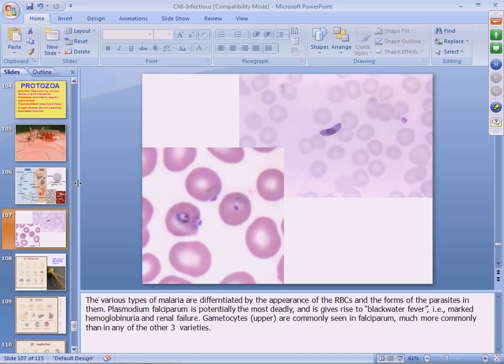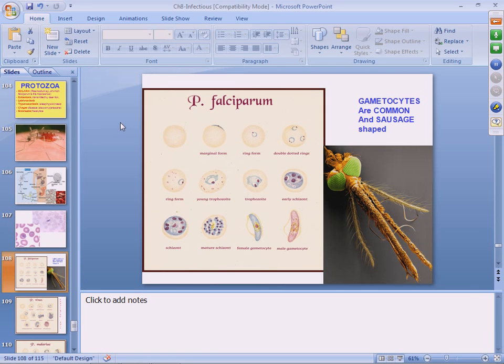So let's go through the 4 types. We might as well start with the one that's the most feared, which has its own characteristic region of distribution. I could probably draw you world maps for all of these. The thing to remember about falciparum is that the gametocytes, the last stage before it goes back into the mosquito, are the largest of all, they're sausage-shaped, and they're the most numerous.